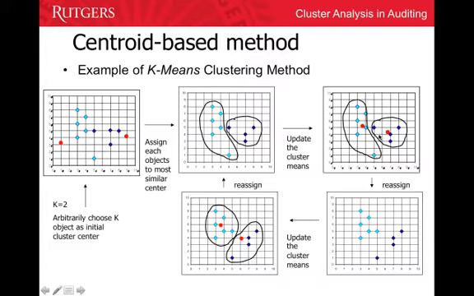After this, the algorithm will repeat the assignment. Using these 2 centroids, it will reassign the points, so the clusters will be like this. It is different from the first clusters.